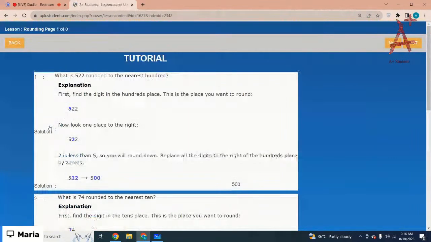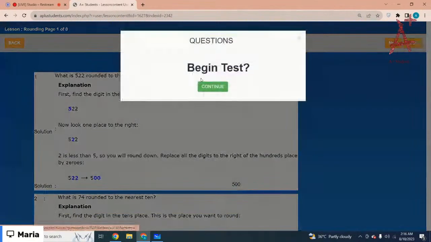Okay, what is 522 rounded to the nearest 100? That is exactly the same thing. You have to write 522. So 522 is rounded off to 500, right? You have to use exactly the same method we just did. Okay, let's just start with the practice questions.